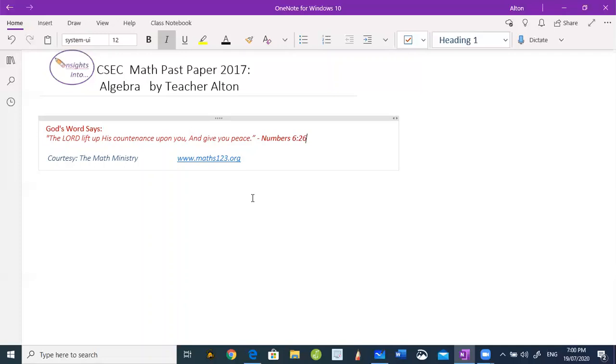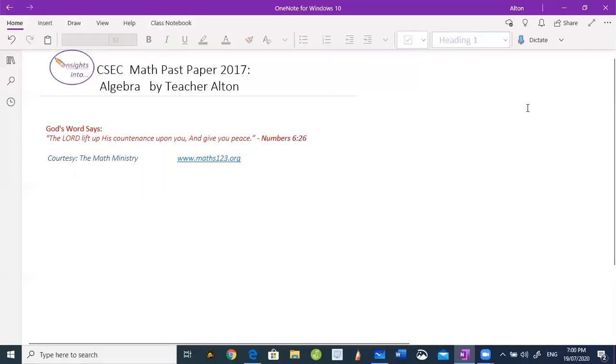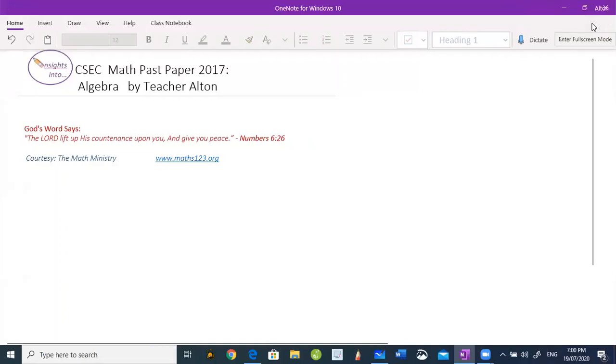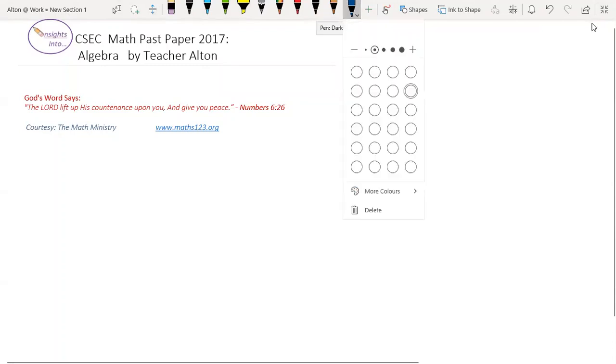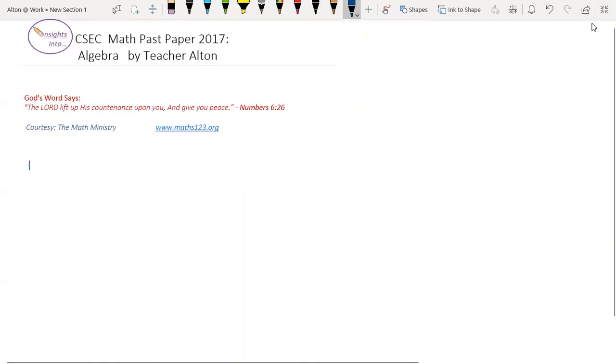We need to put that using our algebraic symbols. 7 times the product of two numbers A and B can be written as 7AB. So we'll go with answer A.